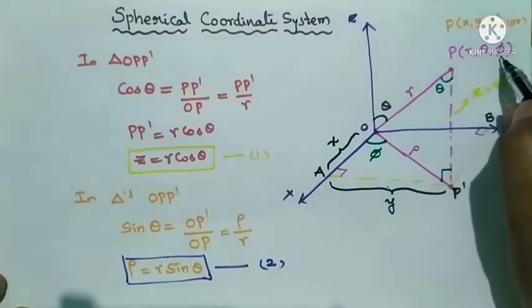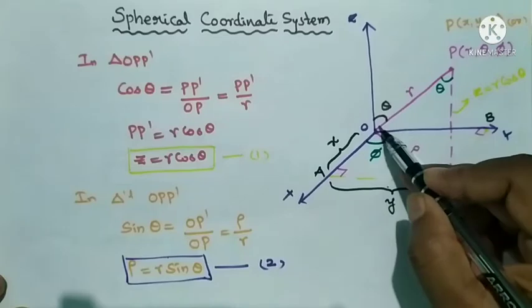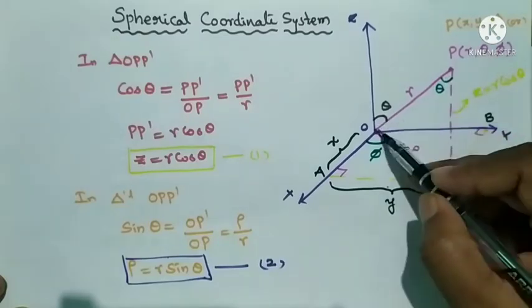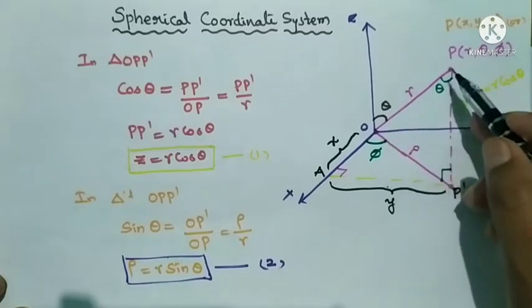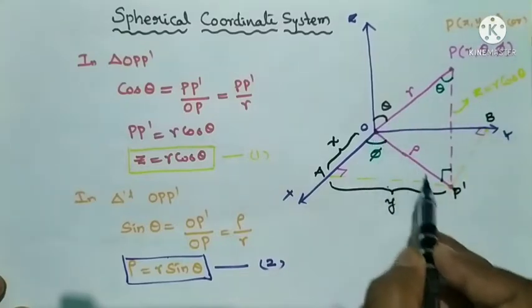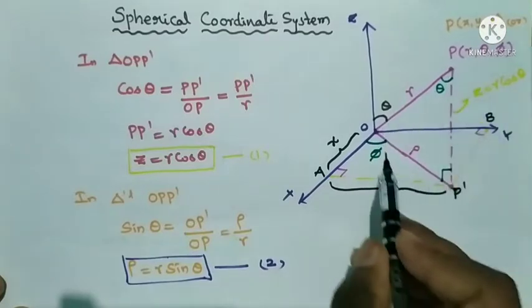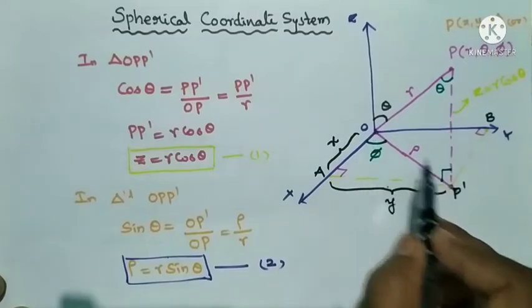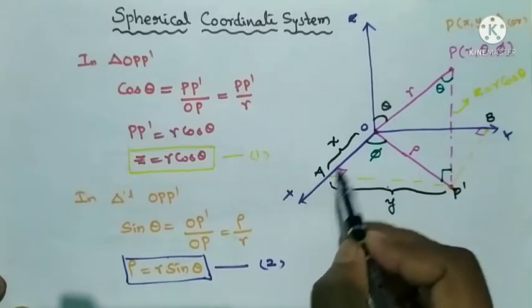And phi is nothing but you take the projection of this line on xy plane. So this is the actual line which joins the origin and point P. And the projection of this OP on xy plane is OP prime. So this OP prime makes an angle of phi with the x-axis.